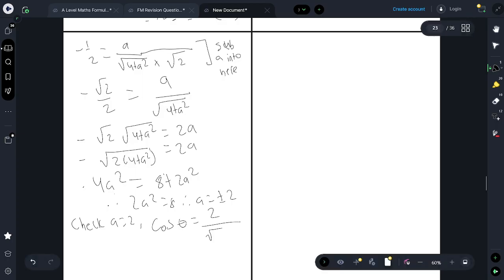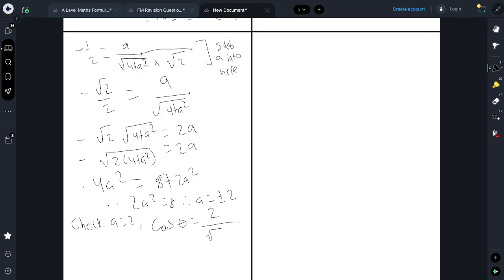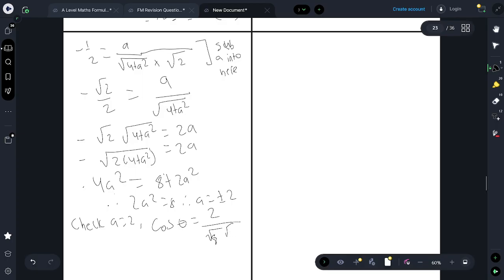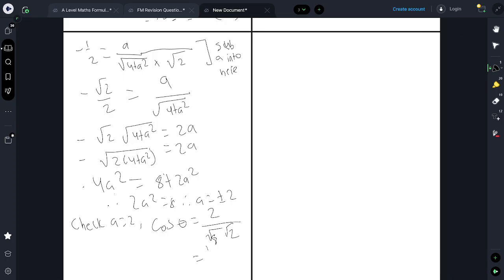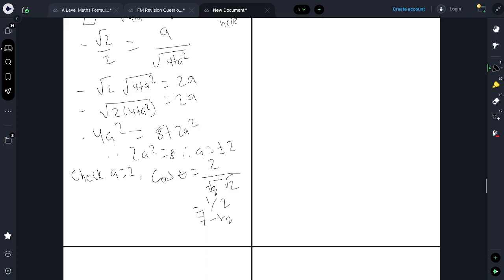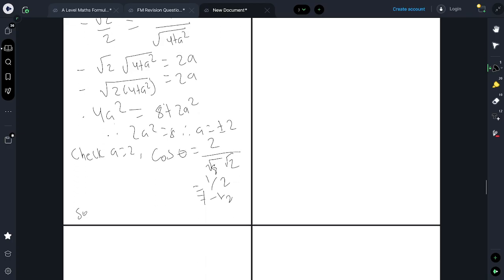So that's going to be 2 over root 8 times root 2, that's 2 over root 16, which is 2 over 4, which is a half. But that is not minus a half; we need minus a half. So a = 2 is not the solution.